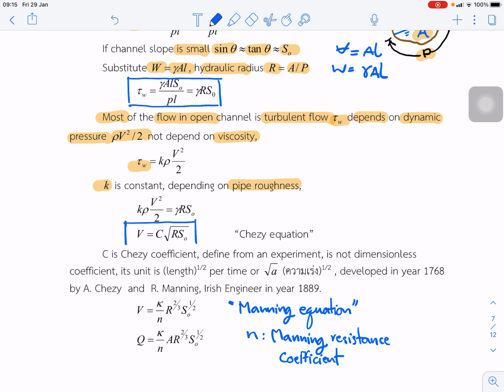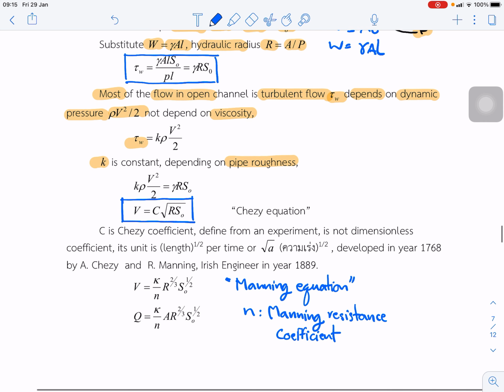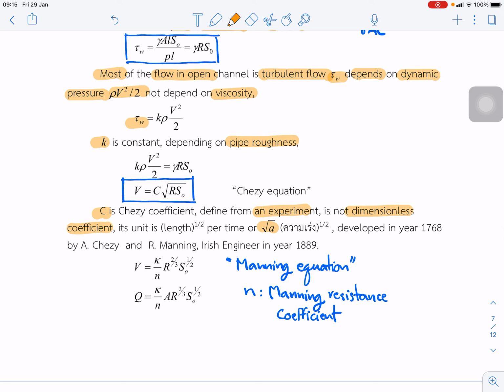V is equal to C times the square root of the hydraulic radius times the slope. C is the Chezy coefficient defined from experiment, but it's not a dimensionless coefficient. Its unit is length to the power 1/2 per time, or square root of acceleration, developed in the 18th century by Chezy.